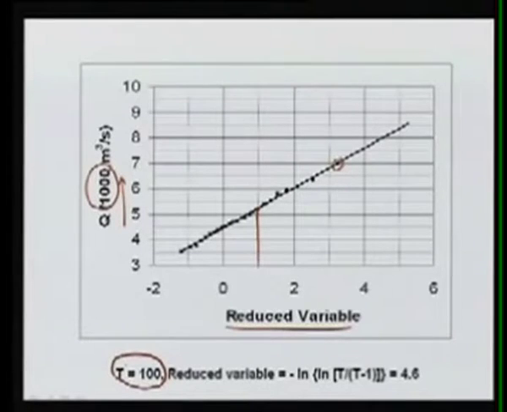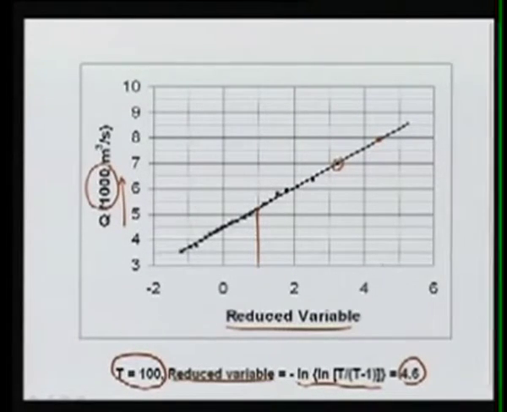For example, if we want a 100-year return period, for example we want 100-year flood, then we can find out the reduced variable corresponding to that t using this equation, which comes out to be 4.6, and then using this data at 4.6 we would estimate what is the value of the 100-year flood.